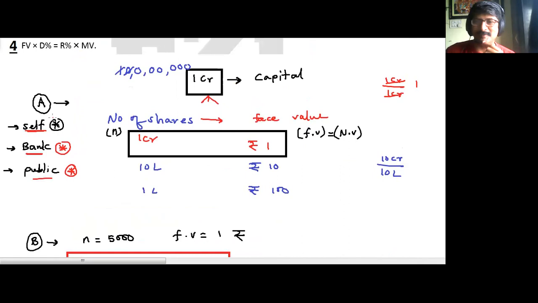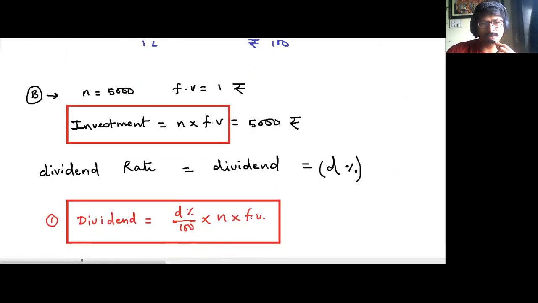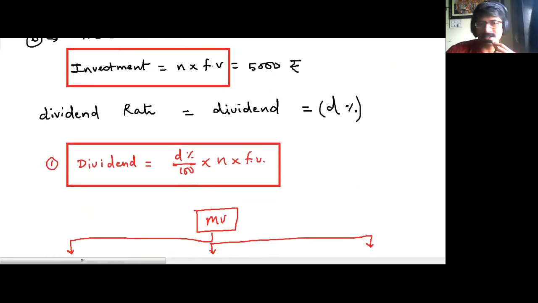By the way, in real life you cannot buy shares from the company; you have to go to a broker who does the transactions. But right now we are understanding that someone is buying from company A, and now company A has sold out all the shares.